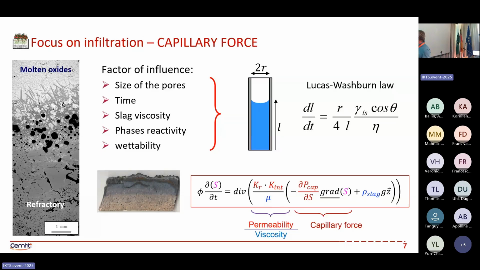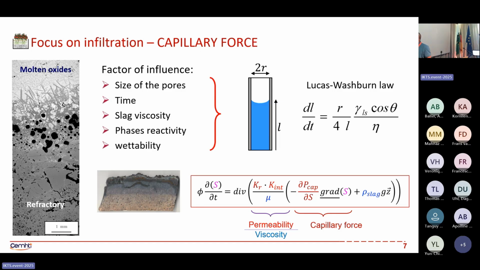Because behind this function, there is the wettability, the capillary pressure, etc. A lot of things we are not able to simulate at a macro scale, okay? So whatever this function, you can consider that this block of refractory has a capillary pressure resulting from its porous network.